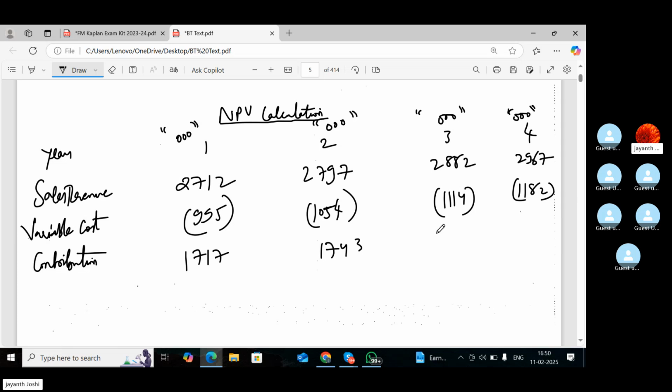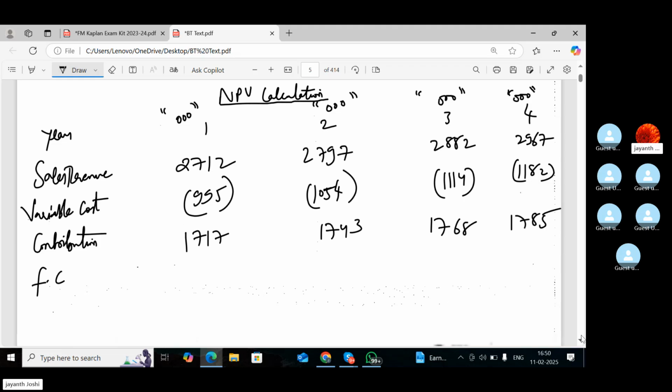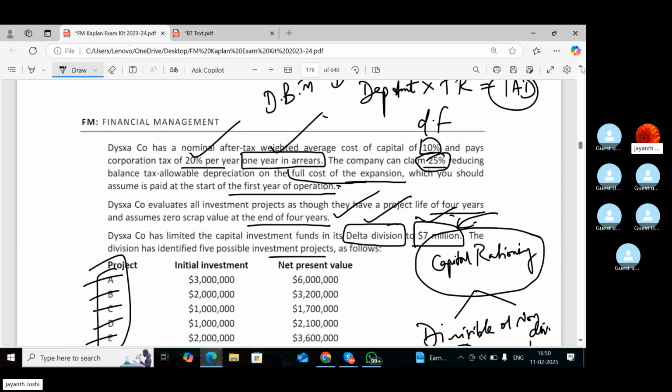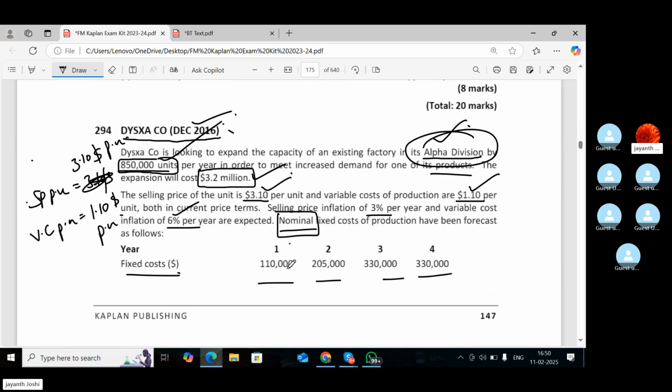The difference between these gives us contribution. If we remove the fixed cost, then we get operating cash flows. Fixed costs are given to you, 3 zeros omitted: 110, 205, 330, 330.